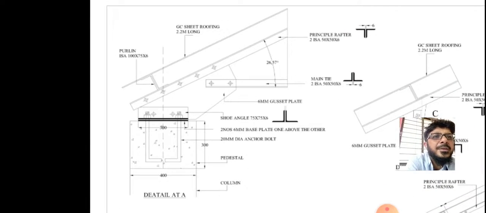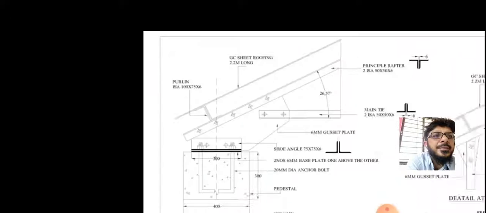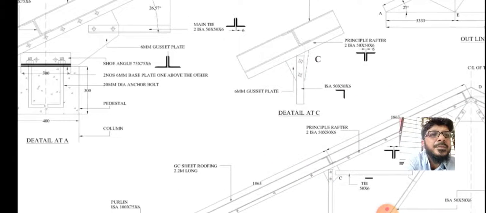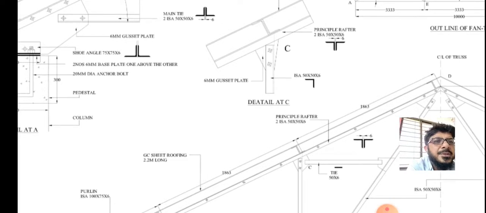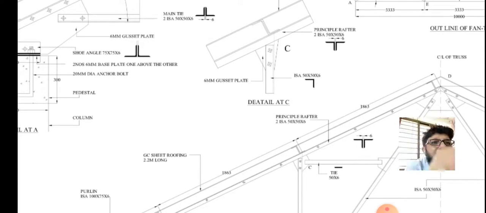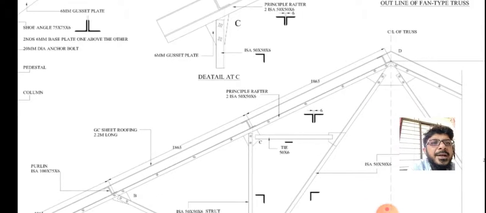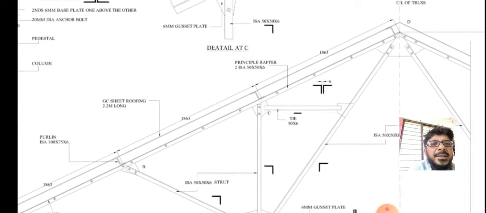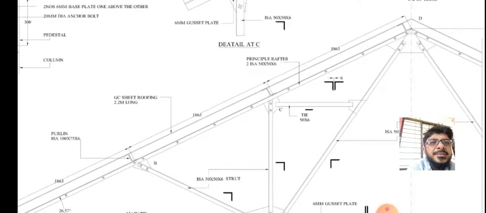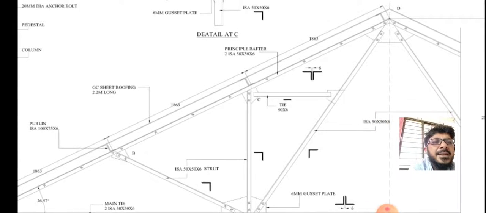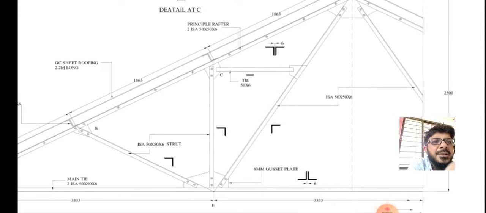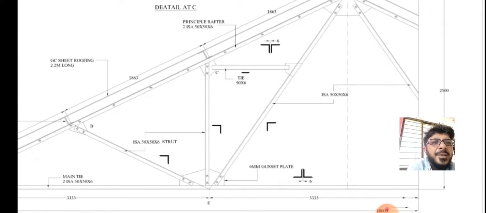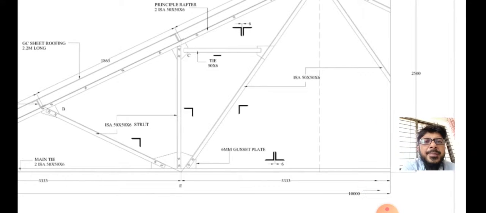Here two sections back to back, meaning 15 to 15 to 6 angle sections back to back. We can see the section also, and tie members, and struts, and we can see the sections also, which are drawn in shaded dark portion, and the bottom main tie also.